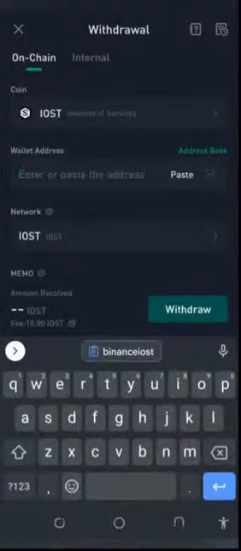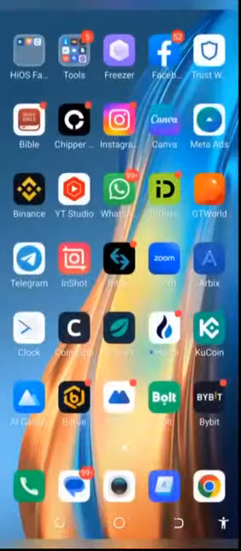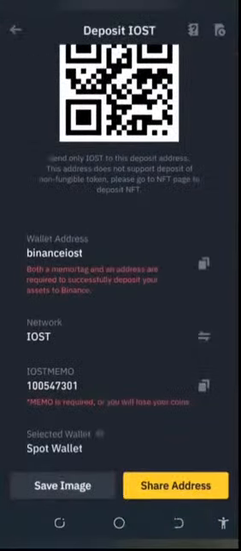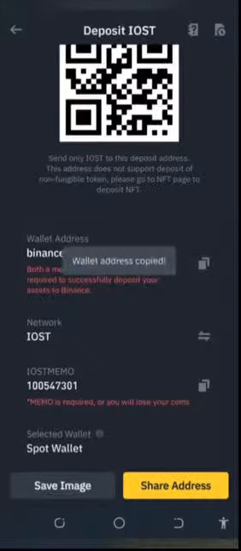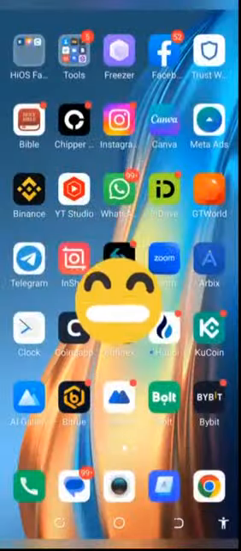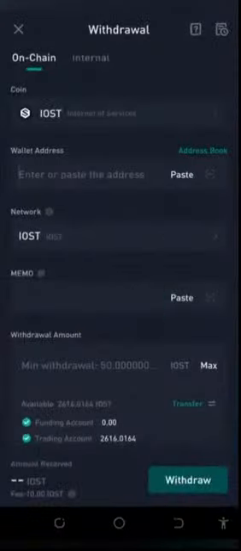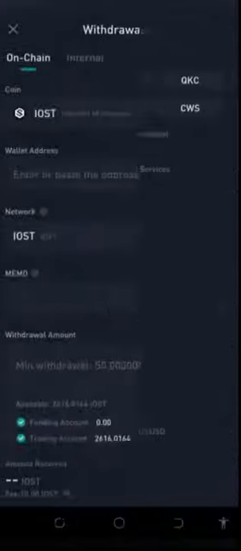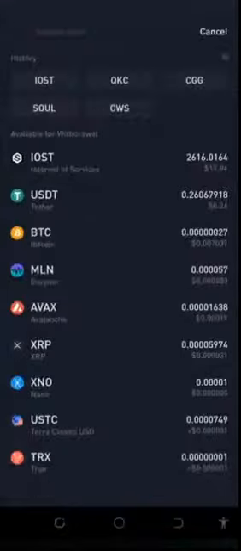Let's go back and copy the right thing. Wallet address. It says Binance IOST. That's interesting. Well, I think I still copied the right thing. I don't know why it's looking like that. I think it was just looking funny to me. Of course, if it was wrong, it wouldn't allow me to paste it.